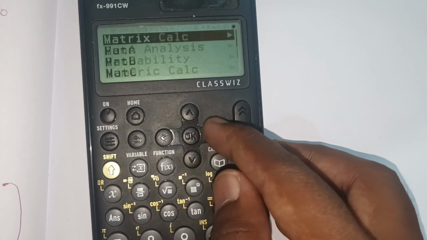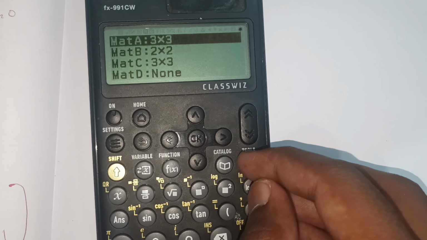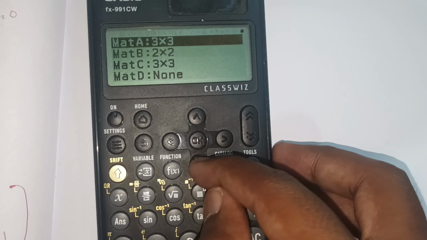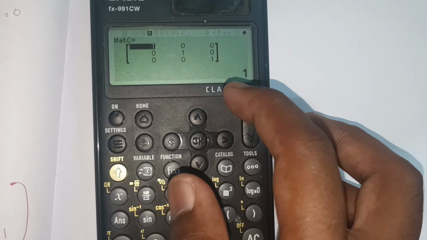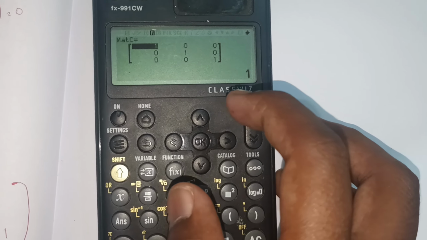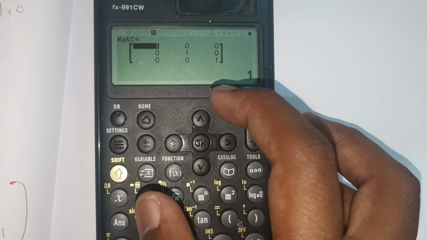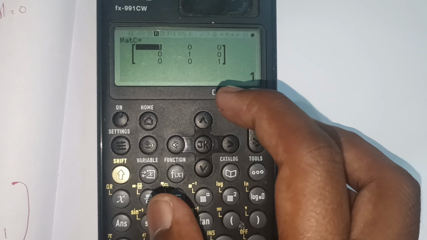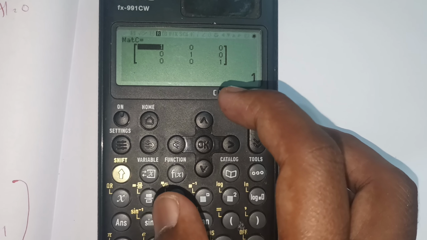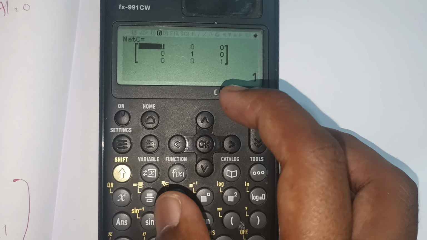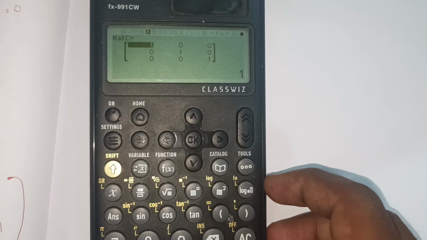I have already defined it, mat C. If you want to see the mat C, let's see it also. Edit, see here I have defined it before only. In the examination also you can define it before the examination, so that you will get answers very quickly in the examination. You can define it at home also. It's legal, so you can do it and go to the examination.